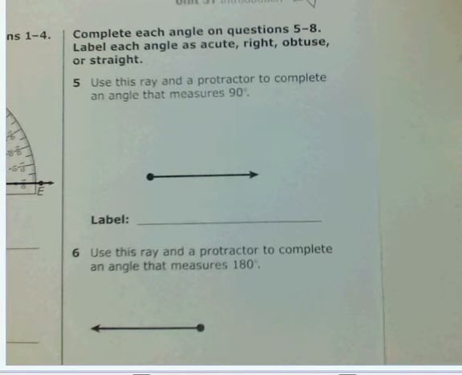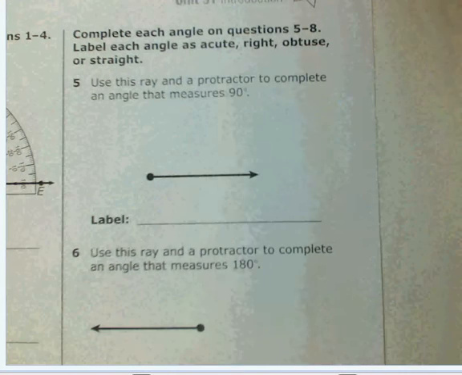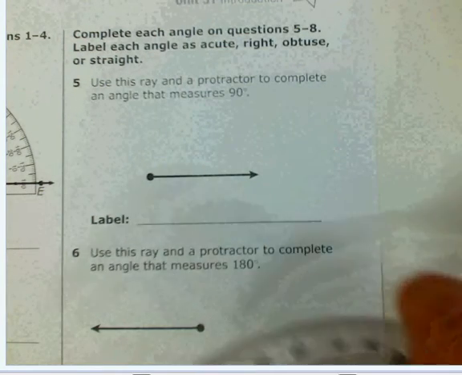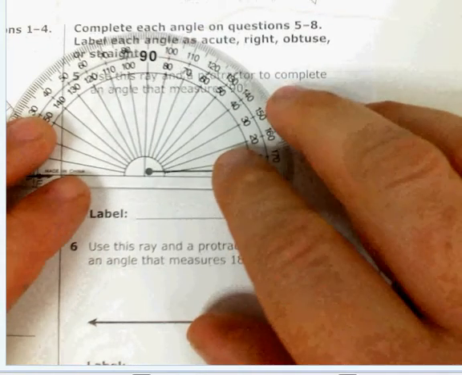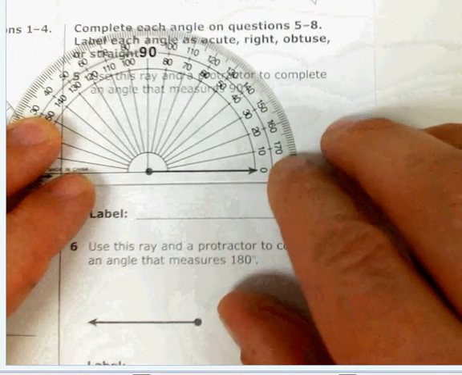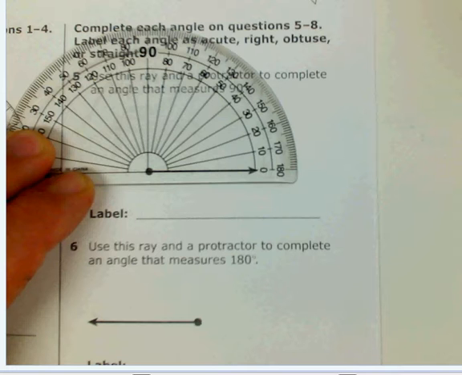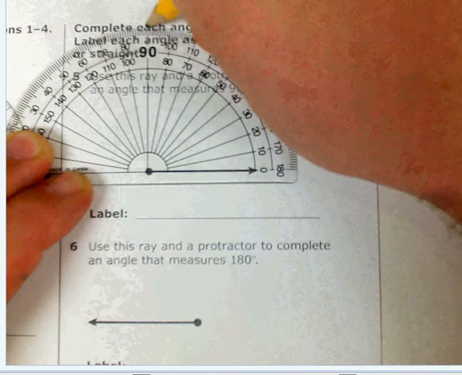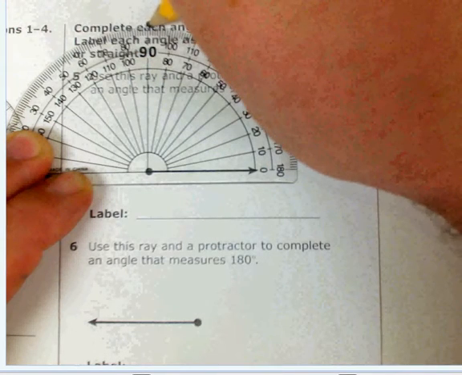Okay, and if I'm doing that, I go and get my protractor, and I'm going to line up my ray with a 0 line. I'm going to put my dot right there and line that up for the 0 line, just like that. Okay, and then I'm going to mark 90 degrees up here. Put a dot right where the 90 degree mark is.